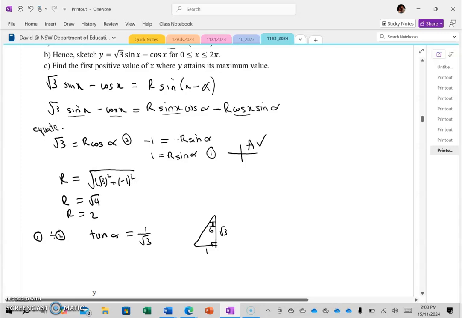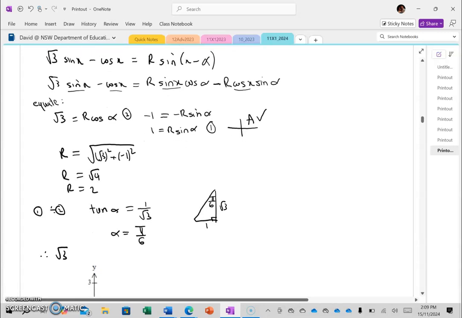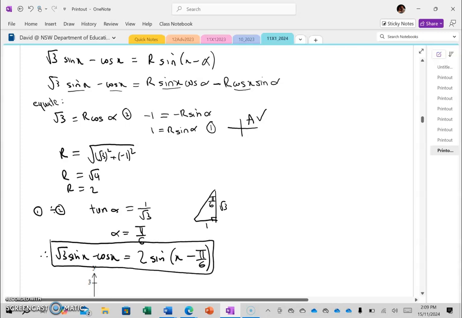Pi on 6 is the related acute angle, and because we are in quadrant 1, alpha must be the related acute angle, pi on 6. So therefore we can write root 3 sine x minus cos x is equal to 2 sine x minus alpha, which is pi on 6. So that's the first question done.